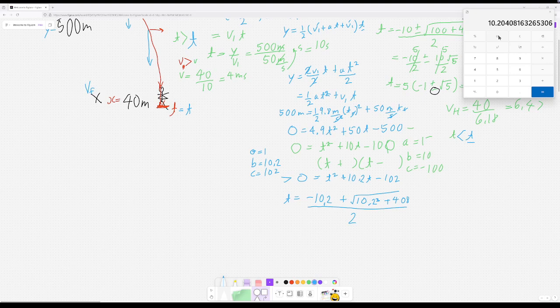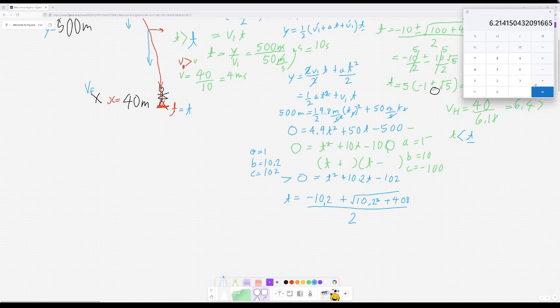Plugging this into the equation, what would we get? We get 10.2 squared plus 408 equals, and then square root that, and then we go minus 10.2 equals, that's the top part, and then divide that by 2.